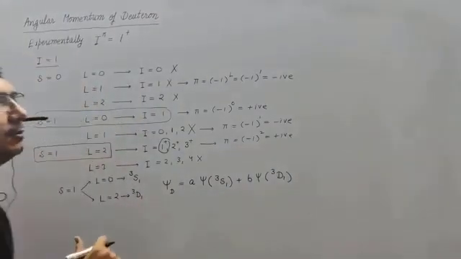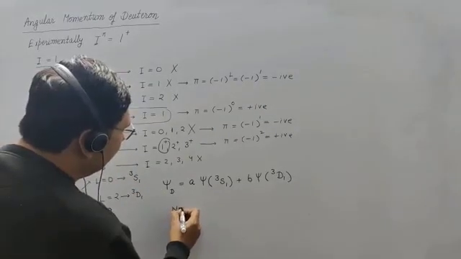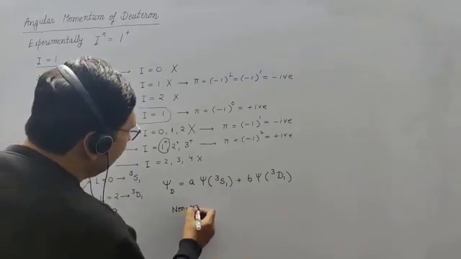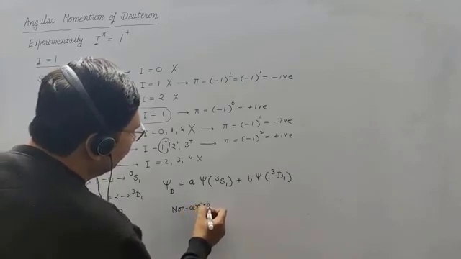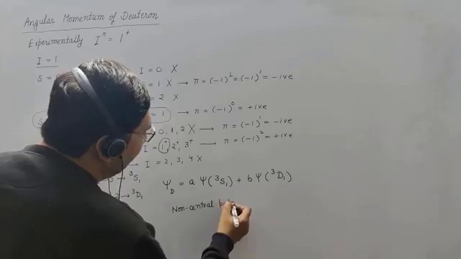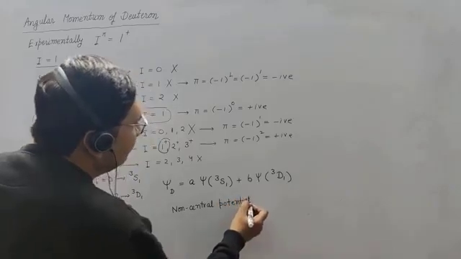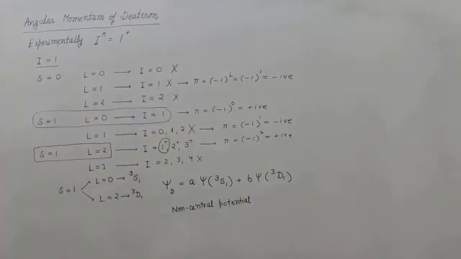But this is possible only when we have a non-central potential. So from this discussion, we can have one hint that the potential can be non-central. Whatever potential we are choosing as central potential, that can also have a non-central part.